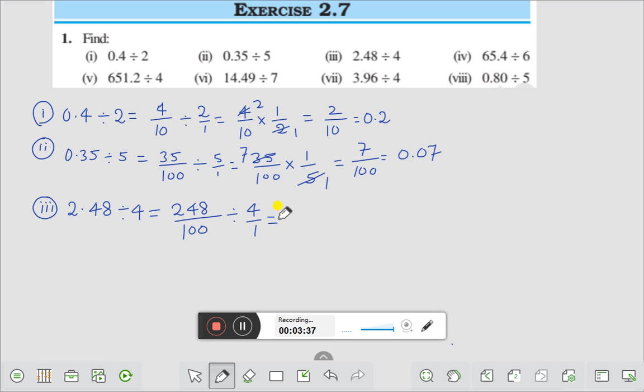That is equal to 248 by 100. Divide means multiply by the reciprocal, and the reciprocal of 4 by 1 is 1 by 4.